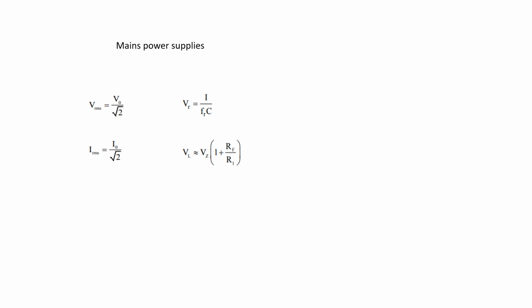Okay, power supplies, mains power supplies. These first two are for working out the peak. So what basically happens when we get our electricity from the grid, we get the rough AC signal like that. It goes up to about 339 volts actually, down to about minus 339.